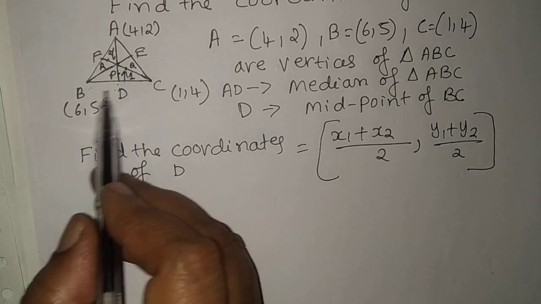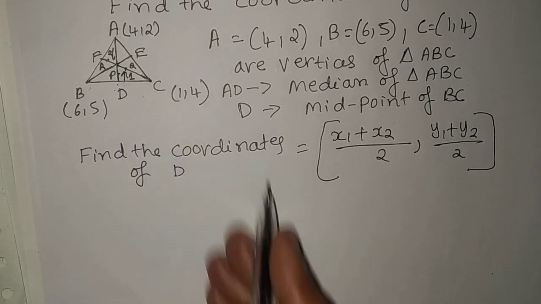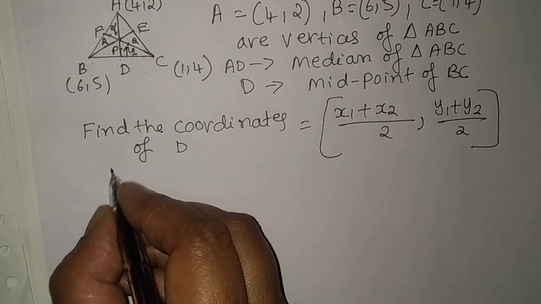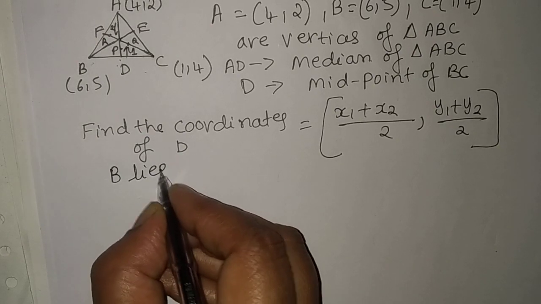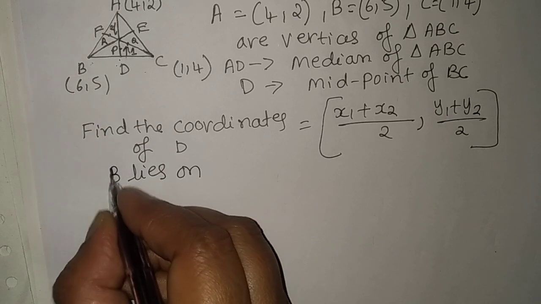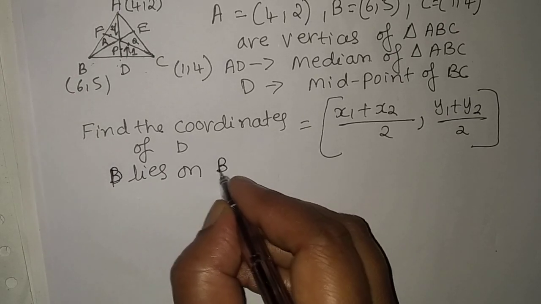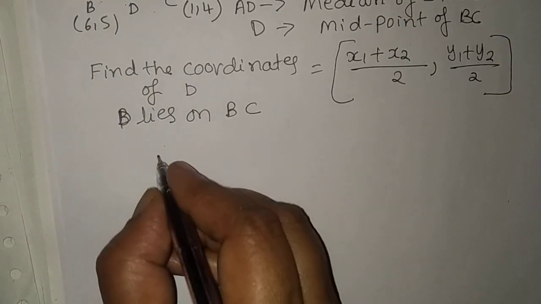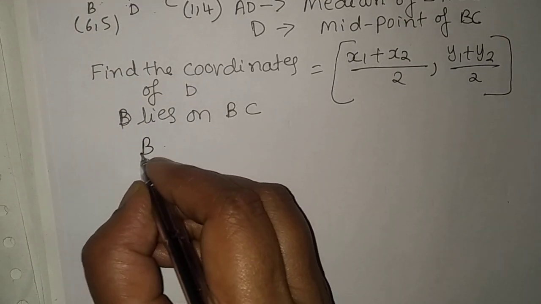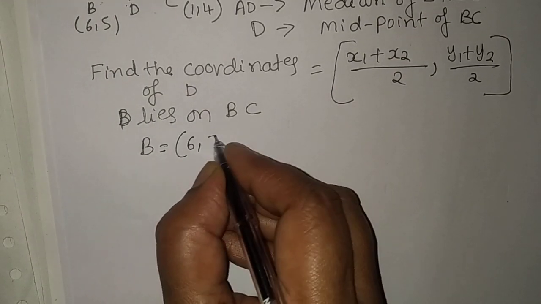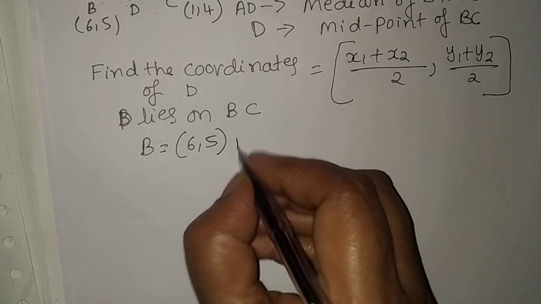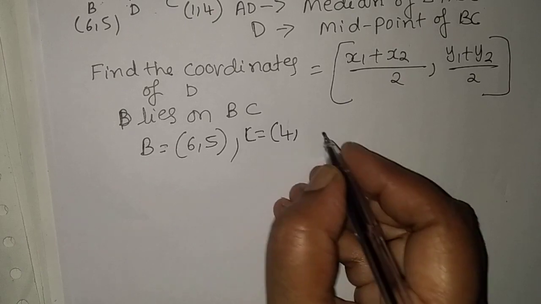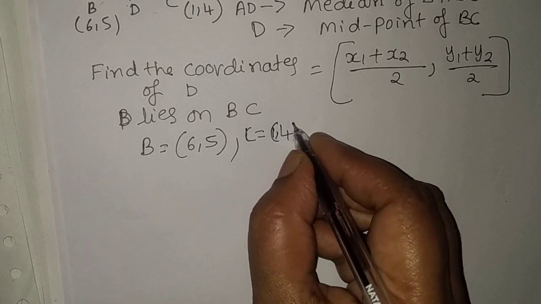So since this is D, it is on BC, D lies on the line BC. So we have to take the coordinates, that is vertices B equal to (6, 5) and C is equal to (1, 4).